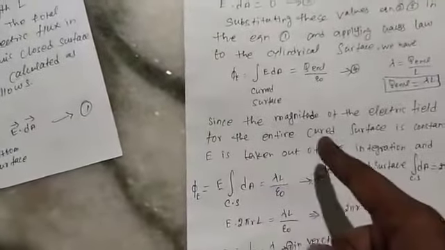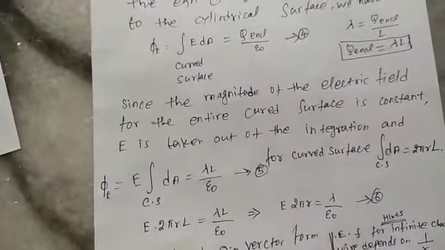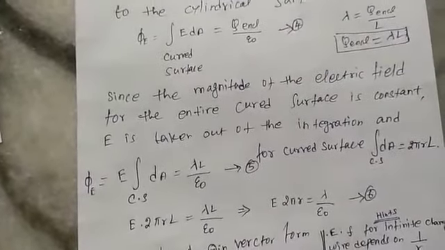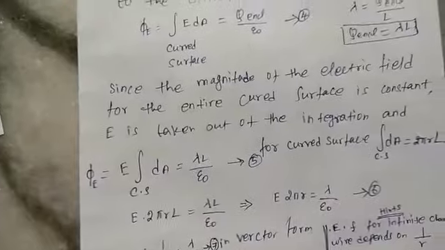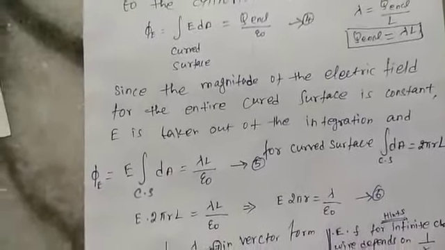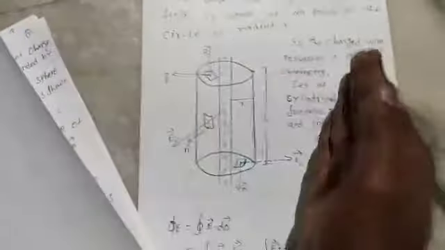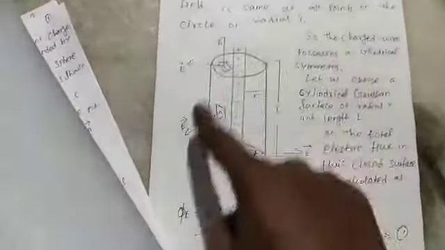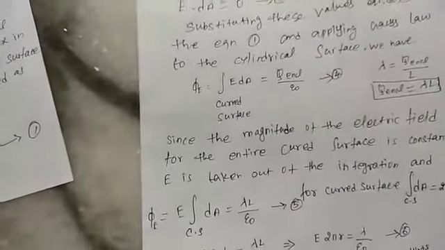Since the magnitude of the electric field is constant over the entire curved surface, E is taken out of the integral.